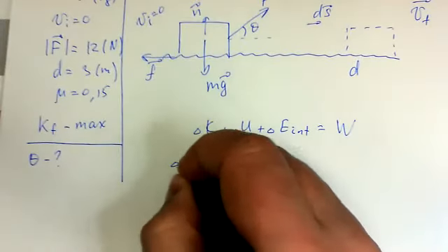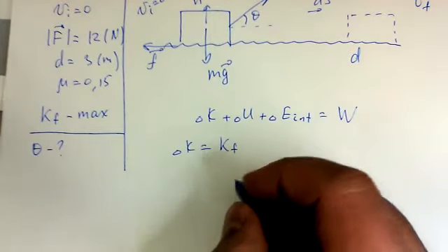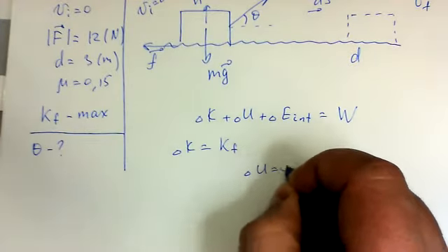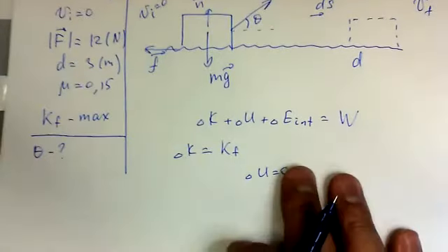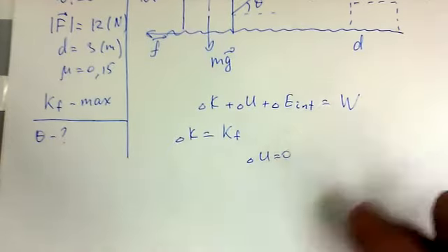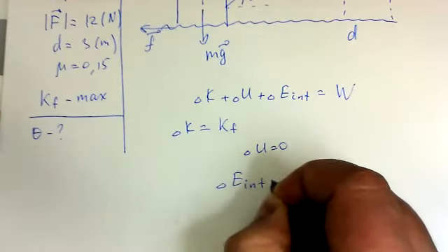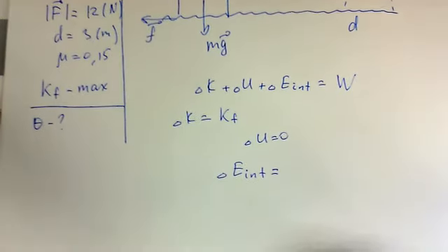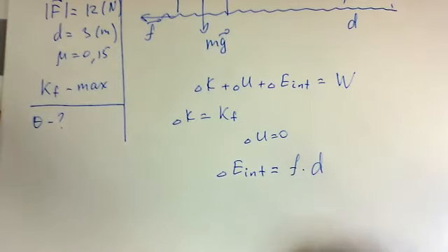So the change of potential energy is 0 because the level is the same, nothing is changing here, and there is no spring in the system. Now let's look at the change of the internal energy. So the internal energy again equals the friction force times displacement.